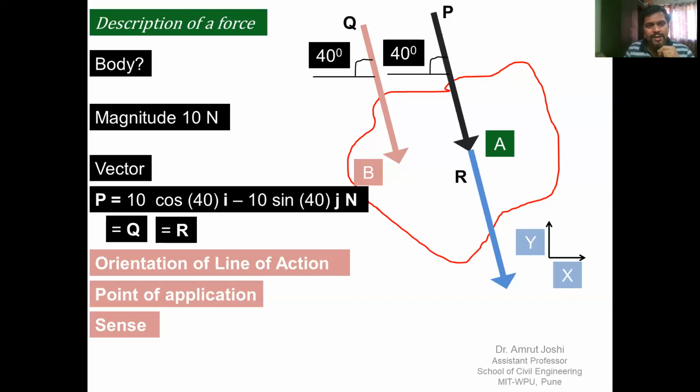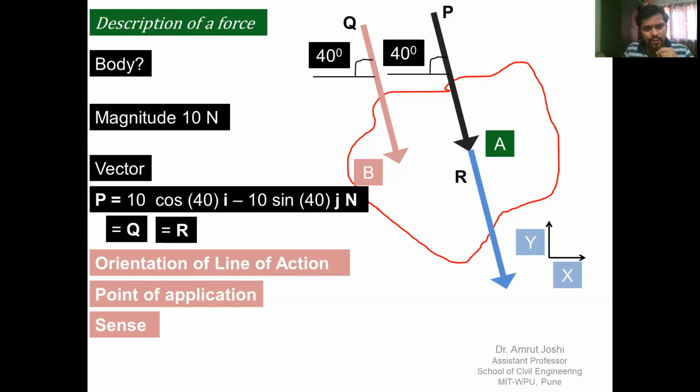So what is the complete description of a force? Mathematically, it is its vectorial representation. In crude sense, it is magnitude and direction. But let us be specific. For a physicist, a force will be completely described if all the following things are specified. Point number 1, magnitude in specified system of units.